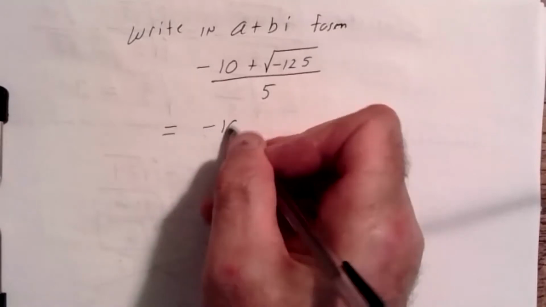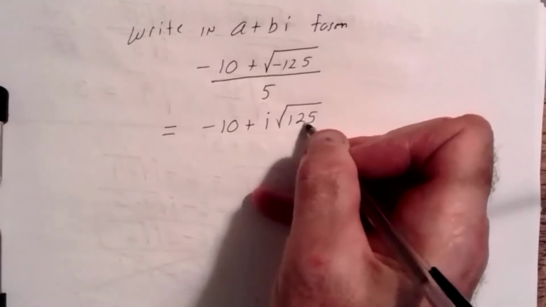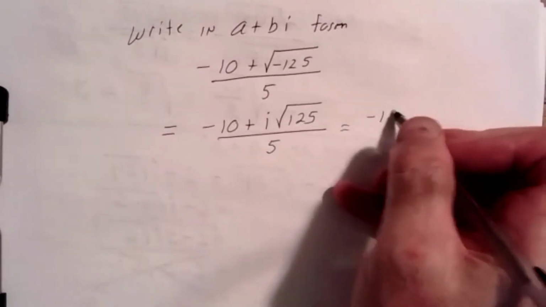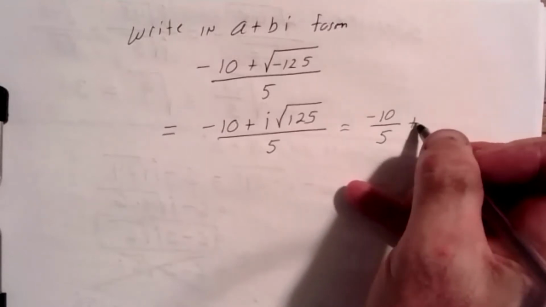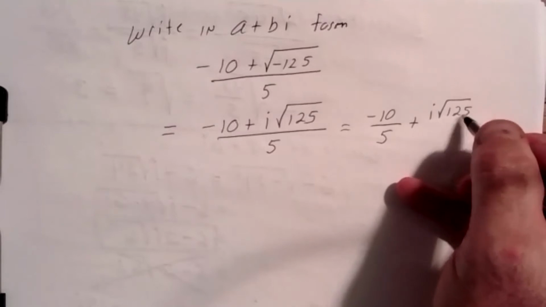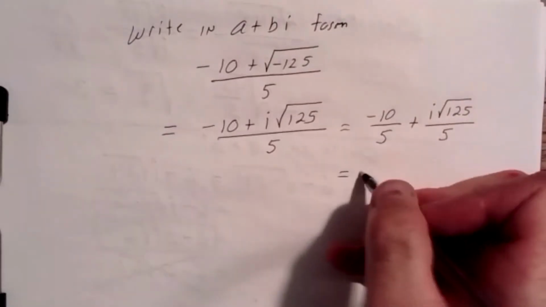First thing you might want to do is just bring out i from underneath the square root of this negative here. We can split this up now, put -10 over 5, plus we can put i times the square root of 125 over 5. This reduces down to -2.